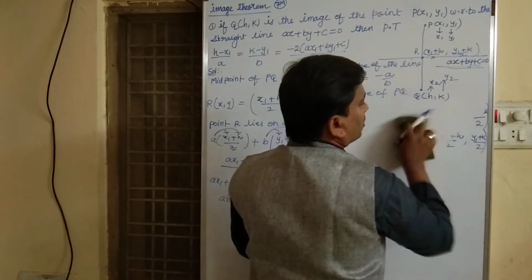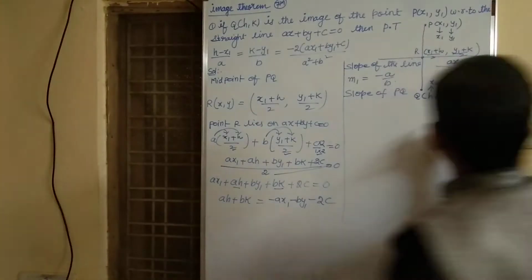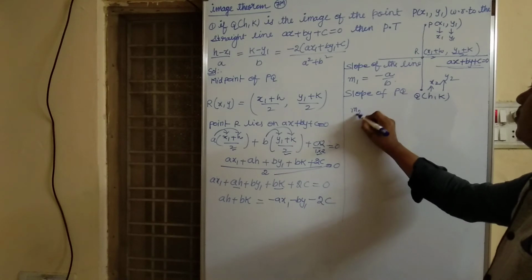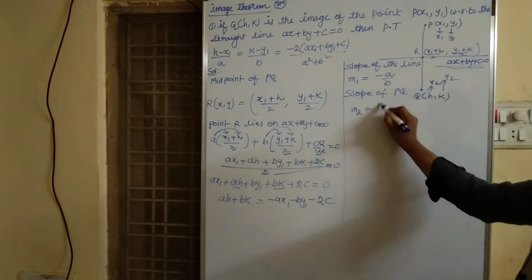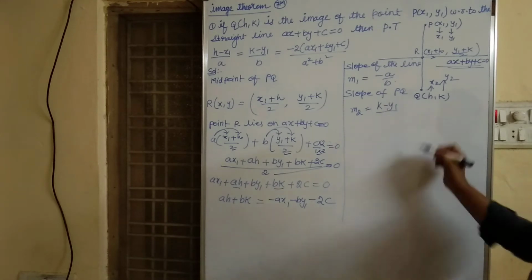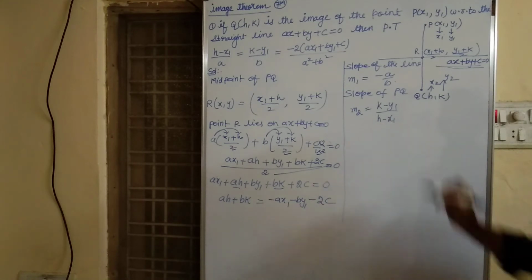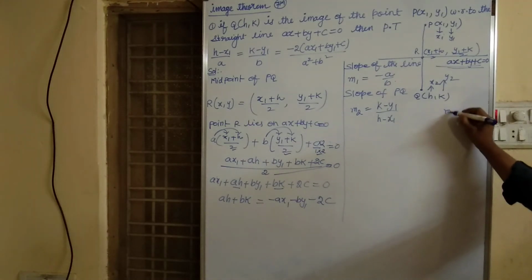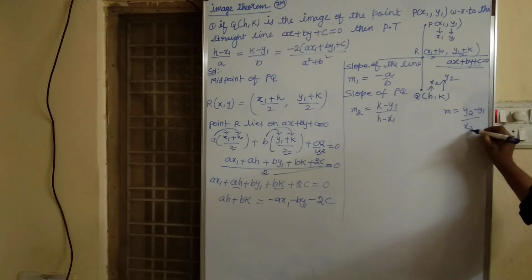As we know, it is (y2 minus y1) by (x2 minus x1). We call it m2, which is (k minus y1) by (h minus x1). Got it, children? We have the slope formula: (y2 minus y1) by (x2 minus x1).